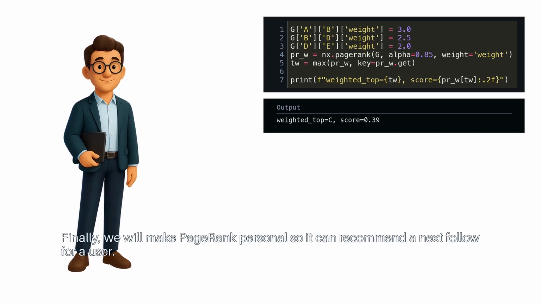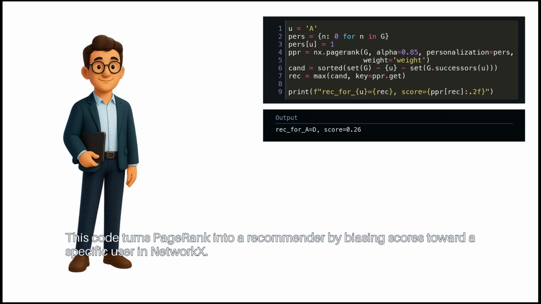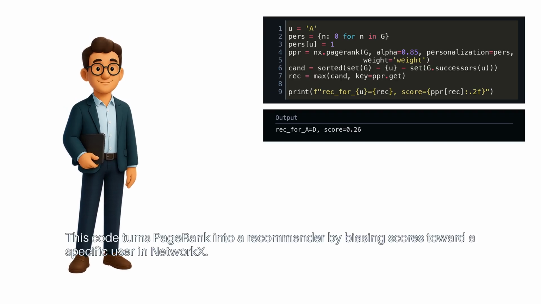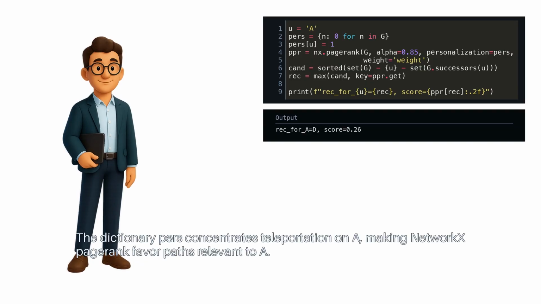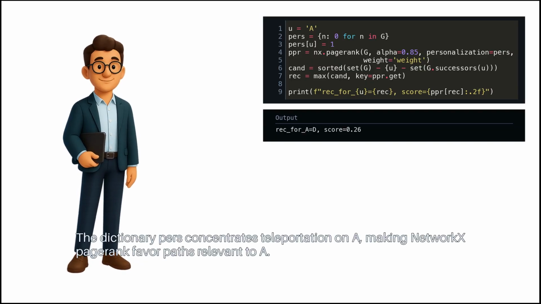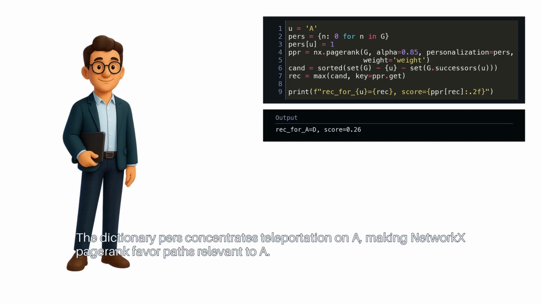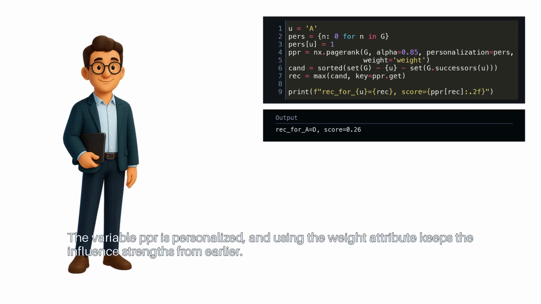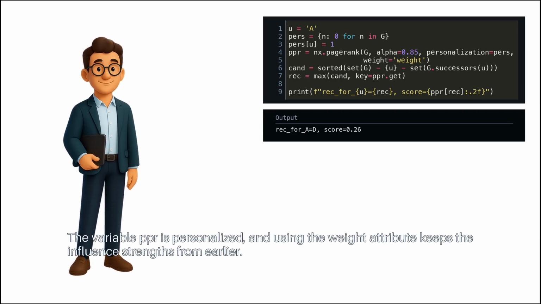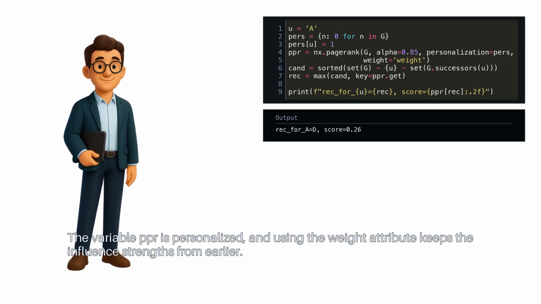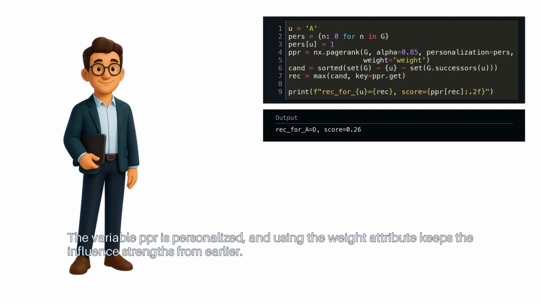Finally, we will make PageRank personal, so it can recommend a next follow for a user. This code turns PageRank into a recommender by biasing scores toward a specific user in NetworkX. The dictionary pers concentrates teleportation on A, making NetworkX PageRank favor paths relevant to A. The variable ppr is personalized, and using the weight attribute keeps the influence strengths from earlier.